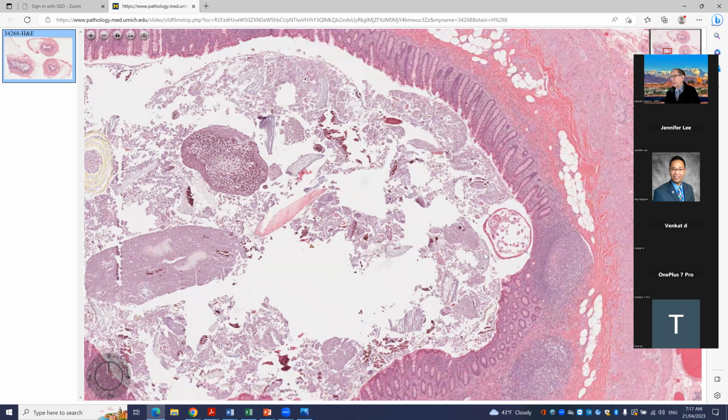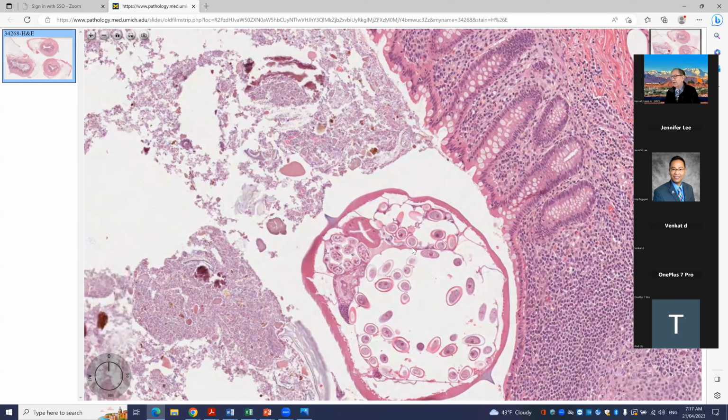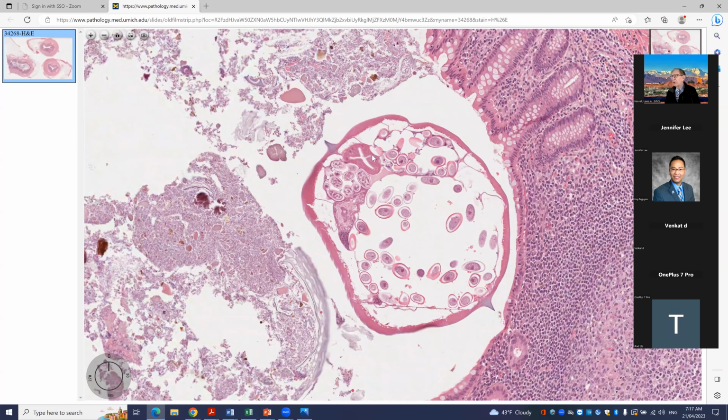And of course, if you know me, one of my favorite things is parasites in tissue sections. And this is absolutely a wonderful cross-section of this parasite, which is virtually diagnostic by virtue of these two structures on each side, these so-called lateral wings or alae.